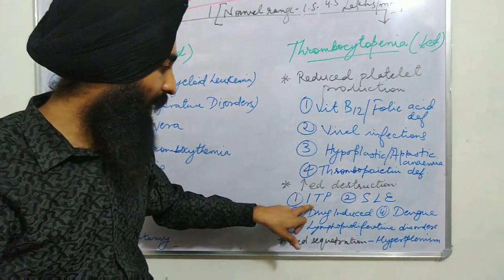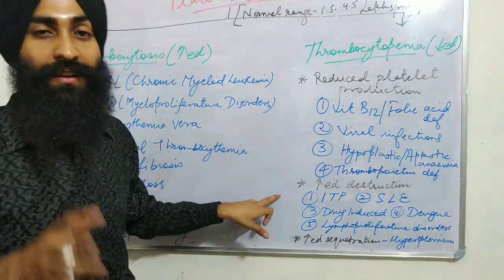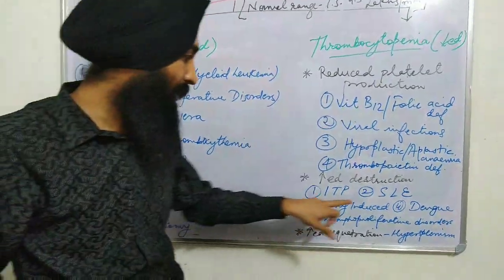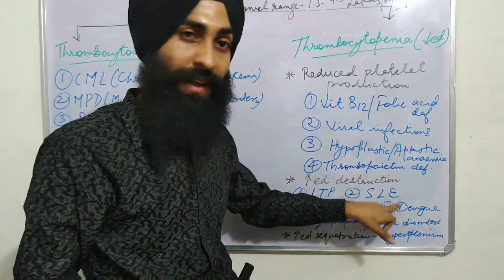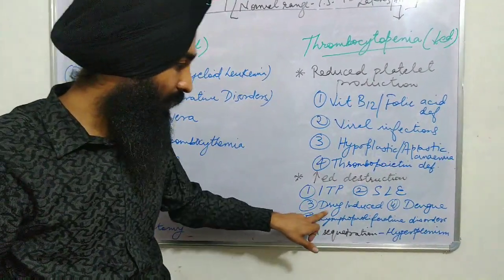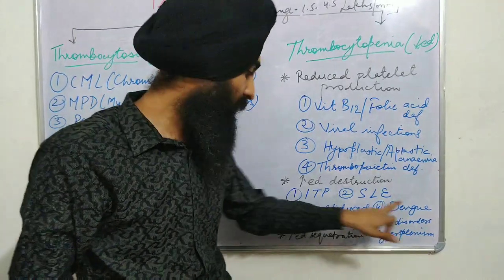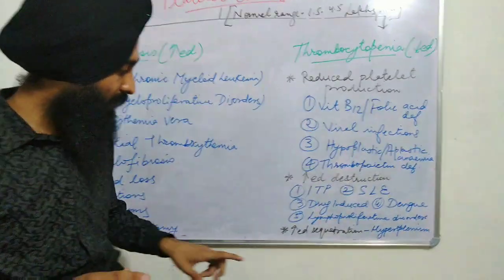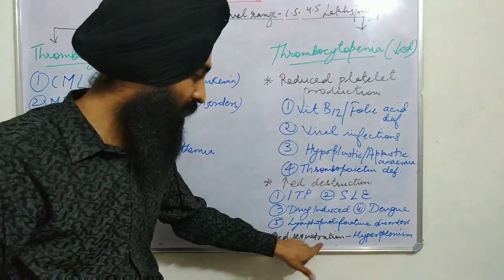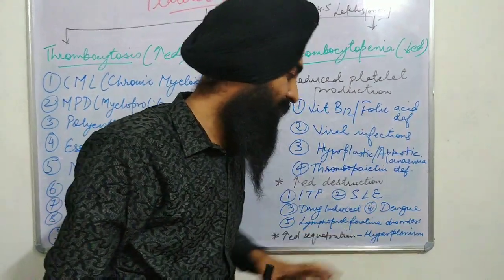Increased destruction occurs in ITP, that is idiopathic thrombocytopenic purpura. Second one is SLE, systemic lupus erythematosus. Third one is drug-induced. Fourth, dengue. And fifth one is lymphoproliferative disorders. And the third condition is increased sequestration, which occurs in hypersplenism.